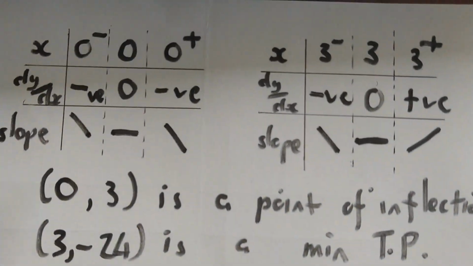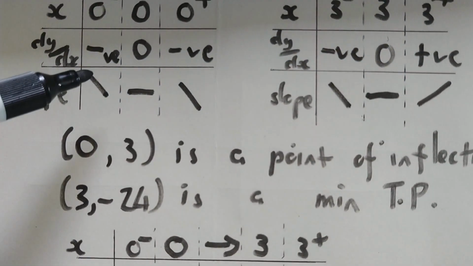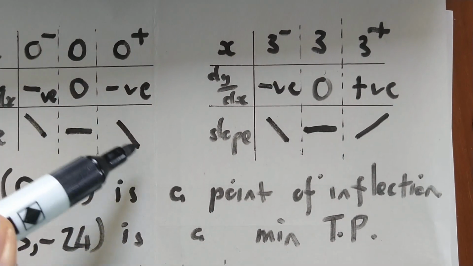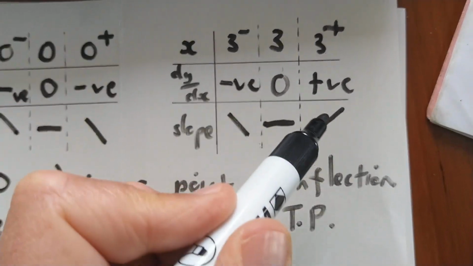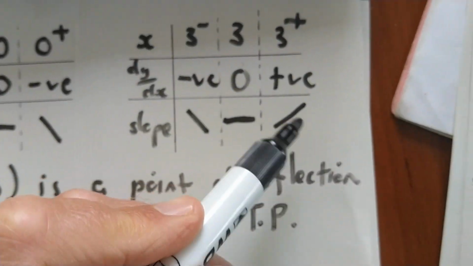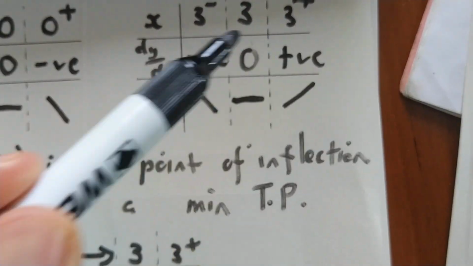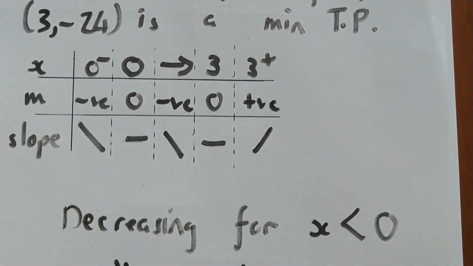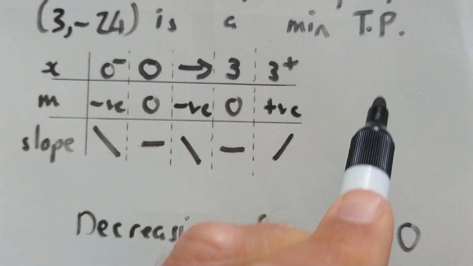Now you can get, of course, all that information from here. Here we are, decreasing for less than 0, decreasing between 0 and 3, and increasing for more than 3. So that's another reason, once you're comfortable with it, and if you wish, to combine it into one table with the different stationary points.